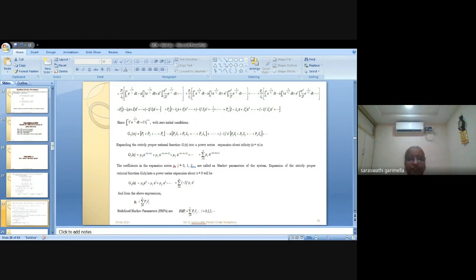And from the above expression, this is the summation. And if you substitute this, then you will get sigma, because this is equal to this, right? This is G1, but G2 is this. So if you equate this to this, you will get mu i, that is the redefined Markov parameter, as sigma j equal to 0 to infinity, or n terms, n is the highest order, Pj lambda j i.